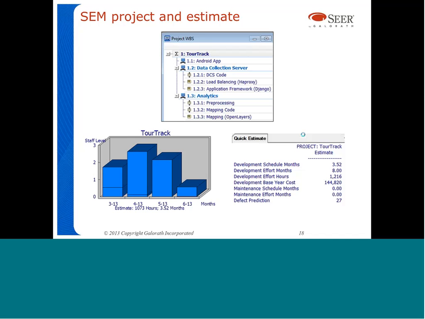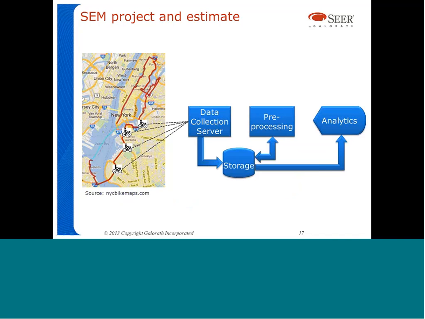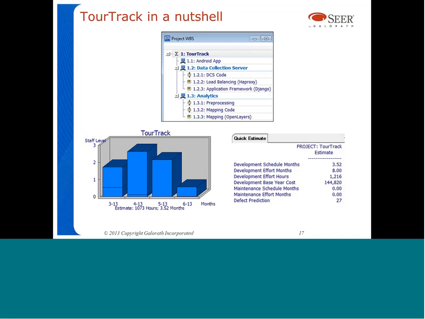And then we needed to integrate with Django. We're building everything in Python, so there's an entry in 1, 2, 3 of the work breakdown structure for our application framework. Then on the analytics portion, as I mentioned in the previous slide, we do some batch pre-processing on that stored information sent back from the devices.